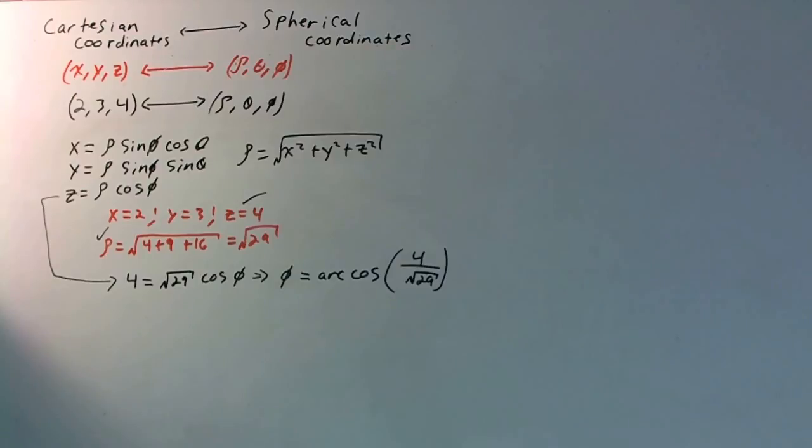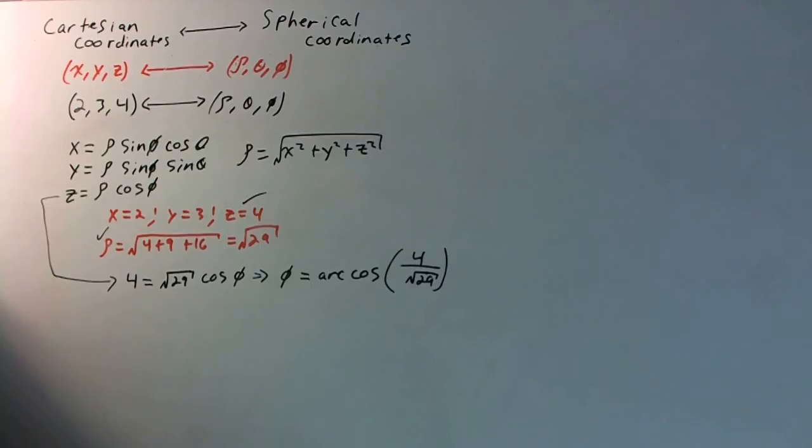Oh, here it is. So what is the arc cosine of 4 over the square root of 29? That's in radians and I want it in degrees.